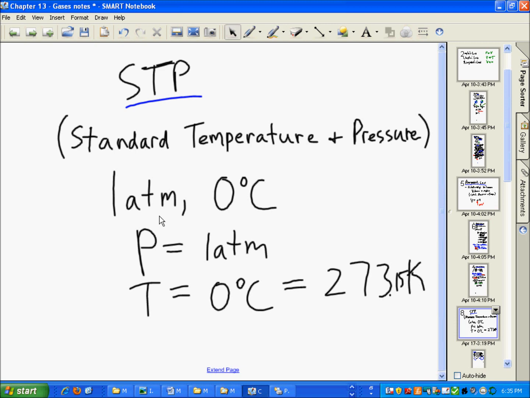The standard pressure is 1 atmosphere. So if you ever see a problem where they say you have a gas under conditions of STP or a gas at STP, then you'll know it's exactly 1 atmosphere and exactly 0 degrees Celsius, which will be 273 kelvins, and in fact it's exactly 273.15 kelvins.